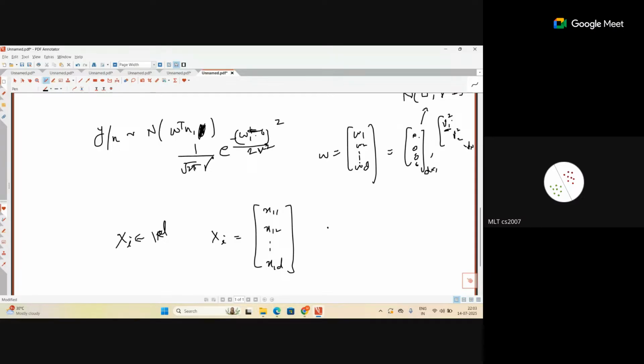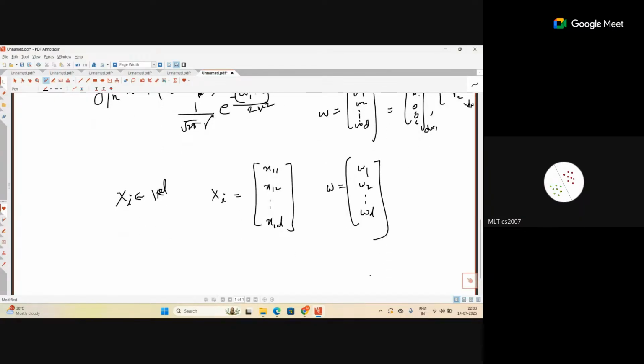And when I have W, it is w1, w2 up to wd. Then only will I get yi. So each label yi is w1 x11 plus w2 x12 plus like that up to wd, a linear combination.